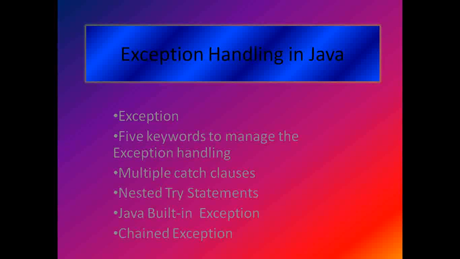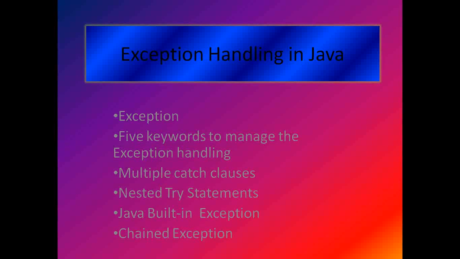Before we look into that, let me see what is the super class of this exception. As I said, the error is made into an object, and that object we call the exception.